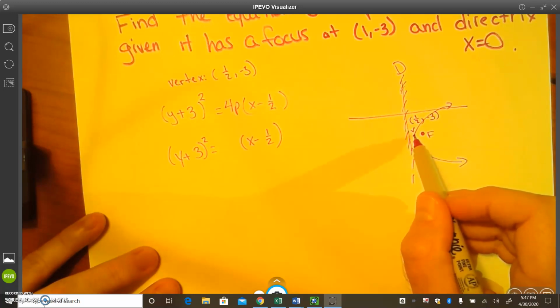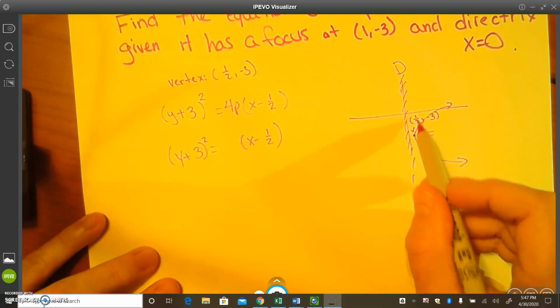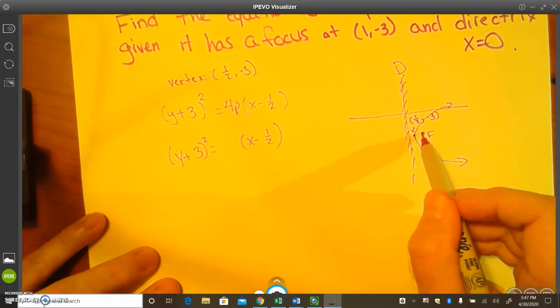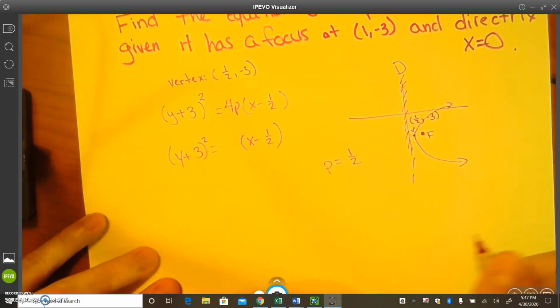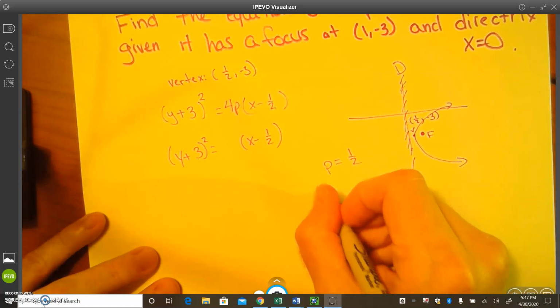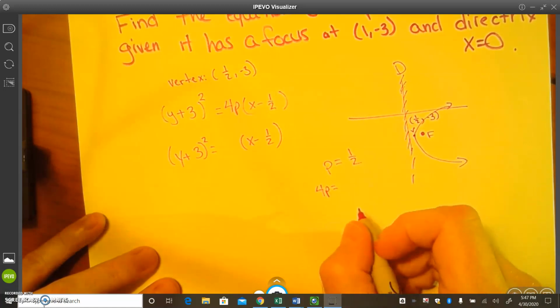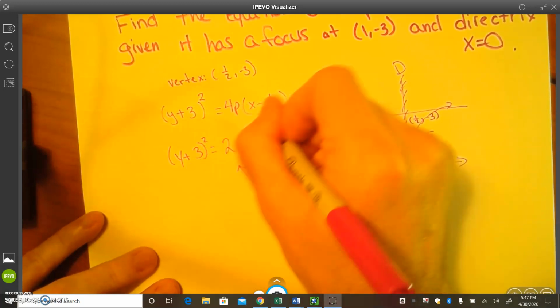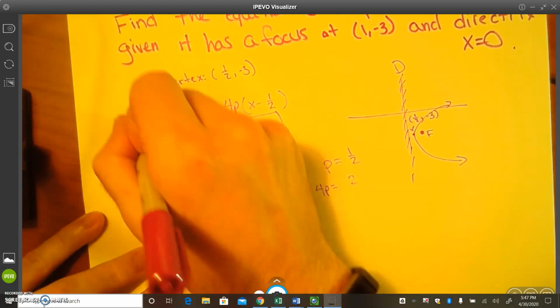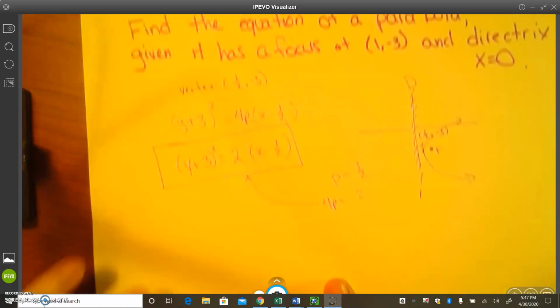So I know from the vertex, which is positive 1/2, to a focus, which was at positive 1 on the x, is a distance of 1/2. So then that means 4p is 4 times 1/2, or 2. And there's my standard form equation.